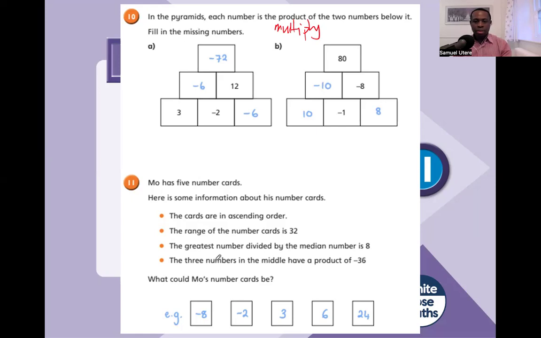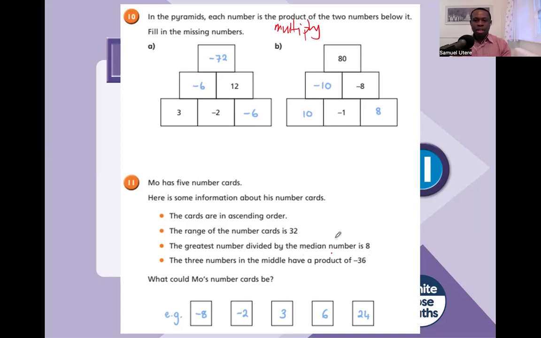Okay, so the median number means if you've arranged all the numbers, the middle number. When you take the greatest number and you divide it by the median number, you'll have to get 8. Then the 3 numbers in the middle have a product of -36.